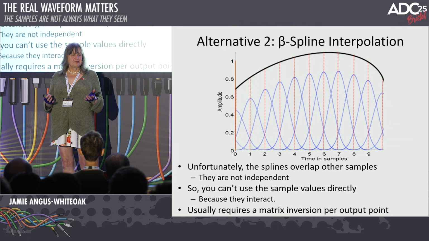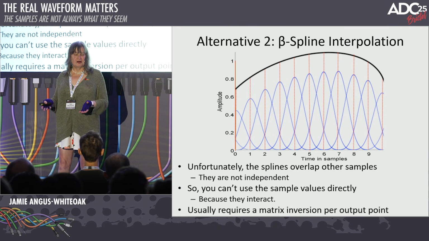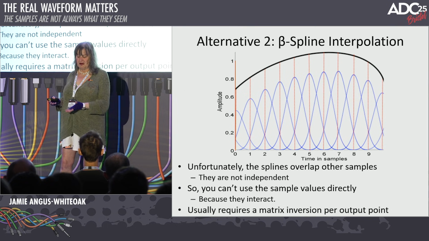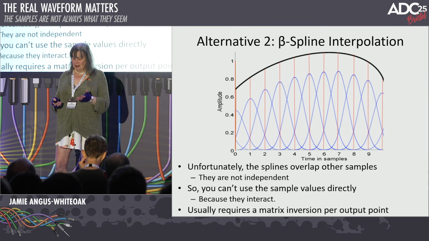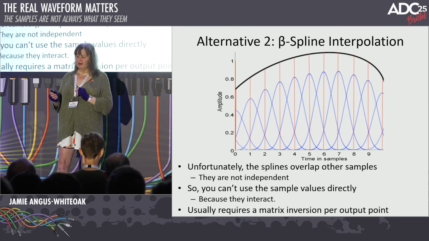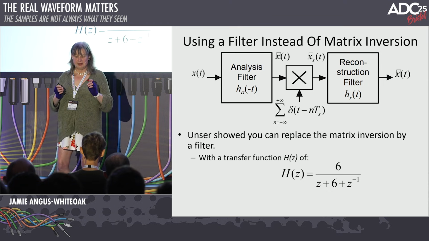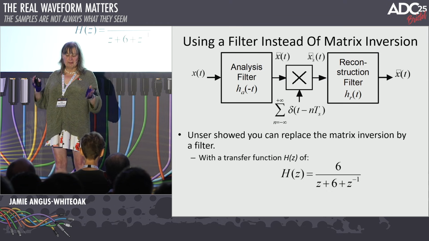But you can't use them directly. They are more complicated to do, and usually they require a matrix inversion per output point. Now, what Unser did, and I think this is a brilliant step forwards, is he worked out we can do a filter rather than a matrix inversion.